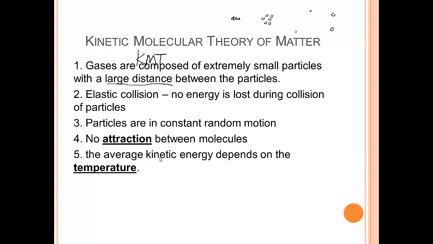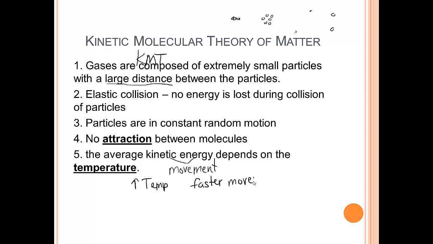And then our last one, the average kinetic energy depends on temperature. Now remember, kinetic energy, kinetic is movement. And it depends on the temperature. So the higher the temperature, what does that mean about the movement? The faster the movement.